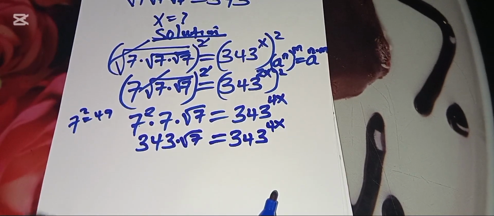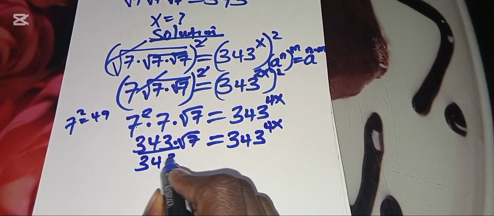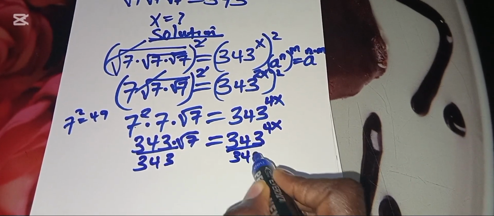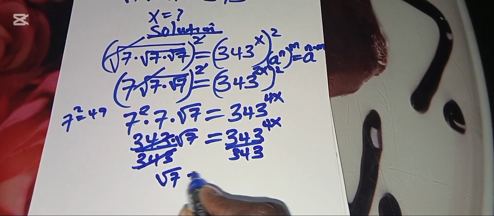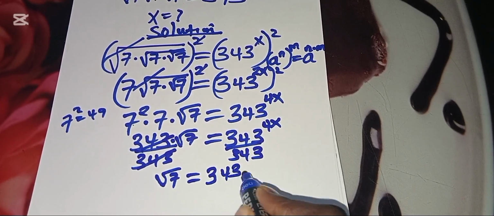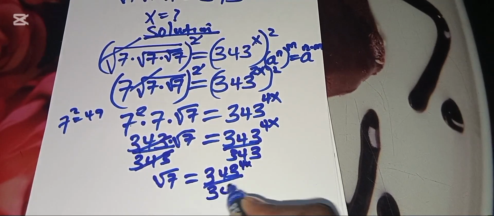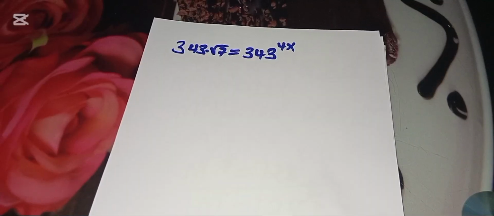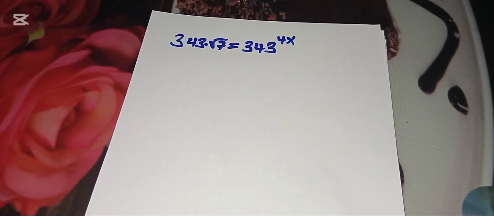Now from here we divide both sides by 343 so that we'll have the square root of 7. This is equal to 343 raised to power 4x divided by 343. So we have 343 multiplying by square root of 7 is equal to 343 raised to power 4x.